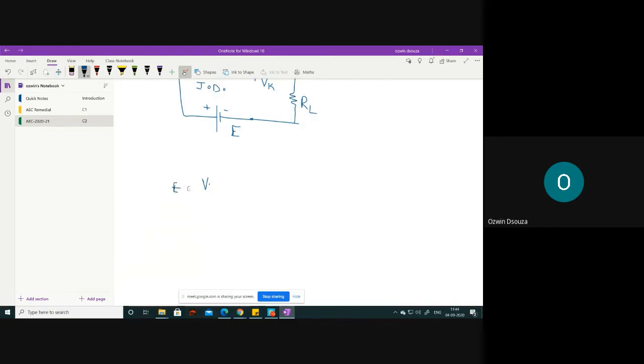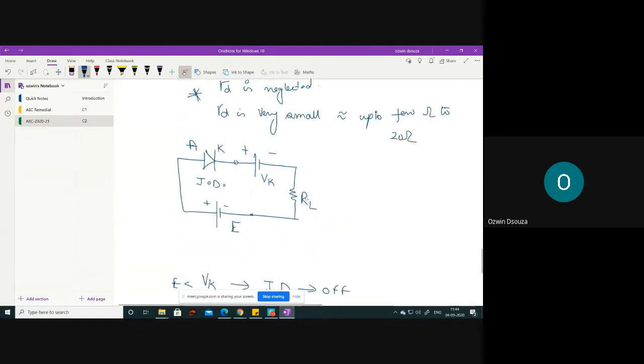When E is less than VK, you know that the ideal diode is off. On the other hand, when your external voltage is greater than the barrier potential, your ideal diode will be in the on state. So for the on state, what you get is something of this kind. This is E and this is VK.